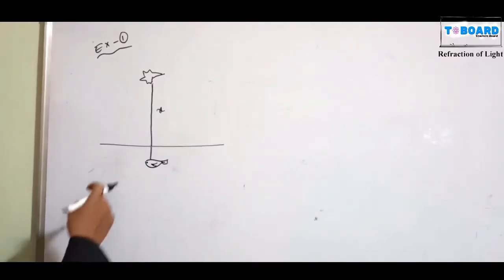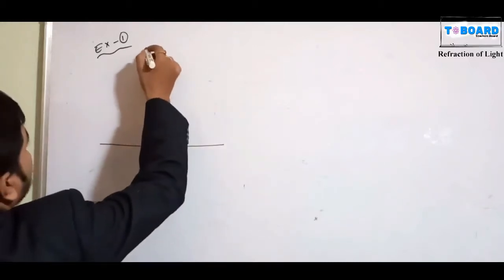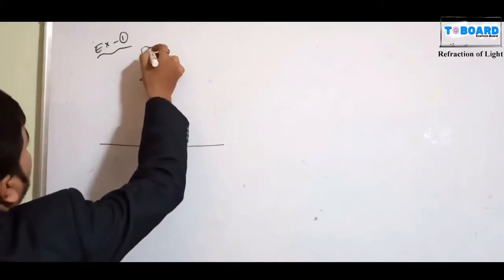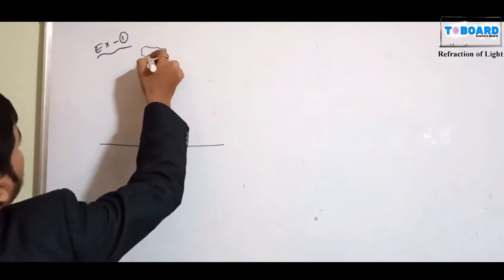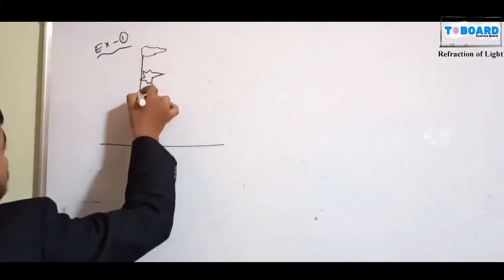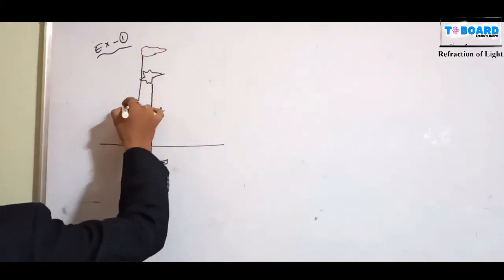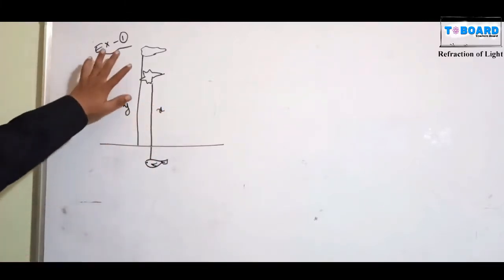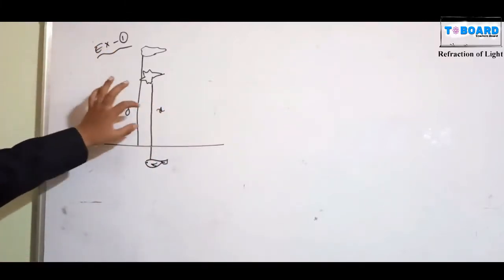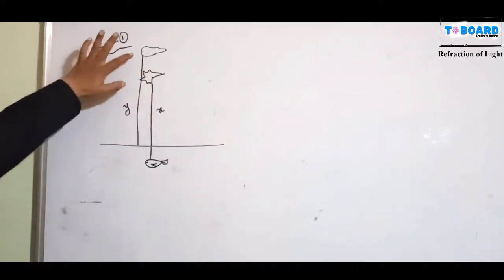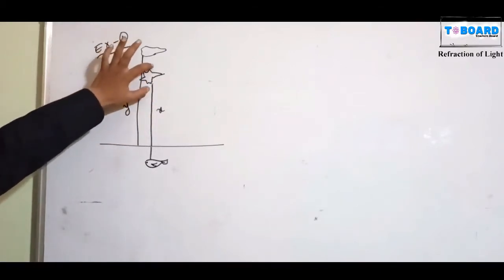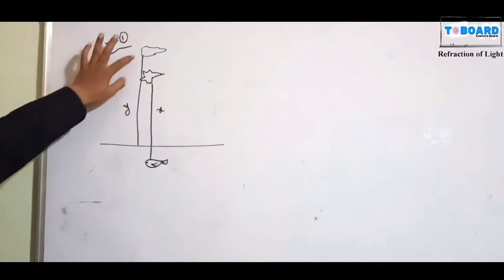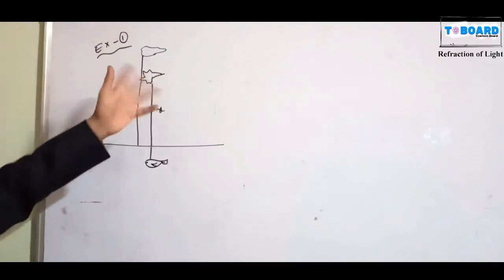So if I consider the position of the object, for example the bird, it should appear in some other area. Now this distance I am considering as y. We don't know what the values are. This x is the object position, and this y is the image position. We don't know where it will be.